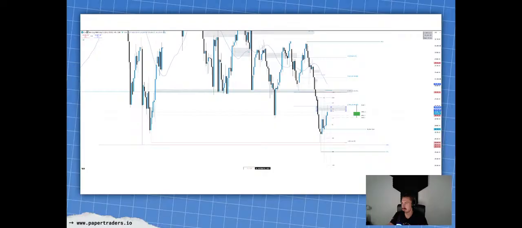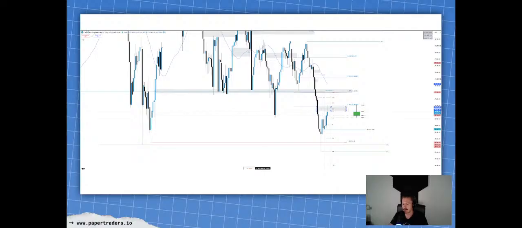This is a bearish PD array, and given that price is still below the 15 and 50 EMA, we can look for a rejection here and for price to potentially continue to the downside.